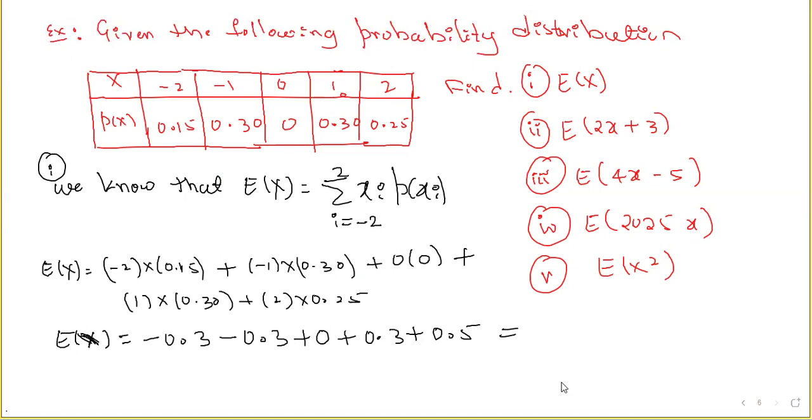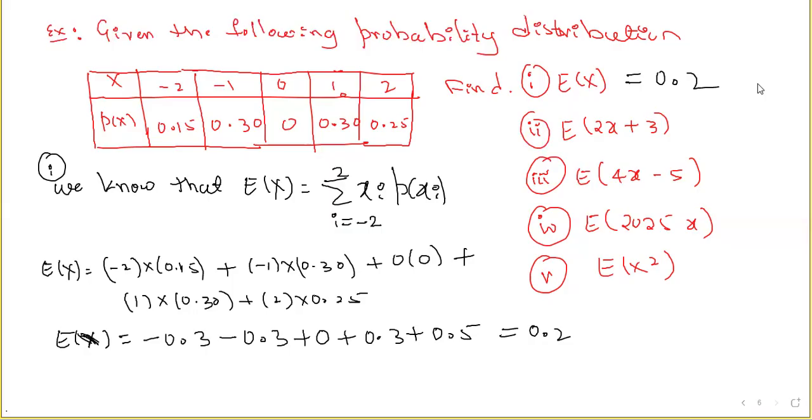So what will we get as the answer? This minus 0.3 and plus 0.3 get cancelled. 0.5 minus 0.3, the answer will be 0.2. So here we got expected value of x equal to 0.2. Clear? Yes, sir.